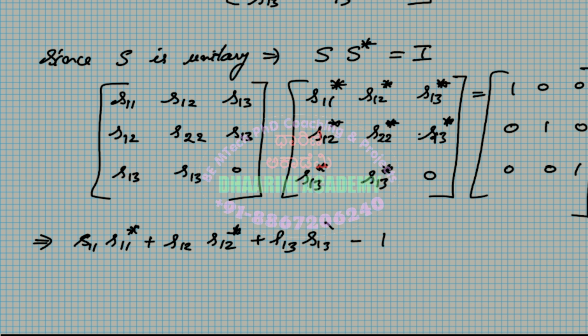But if you remember the basics from mathematics, for a complex number, A into A star can be considered as the magnitude, correct? So I can update this as magnitude of S11 square plus magnitude of S12 square plus magnitude of S13 square, that is equal to 1.